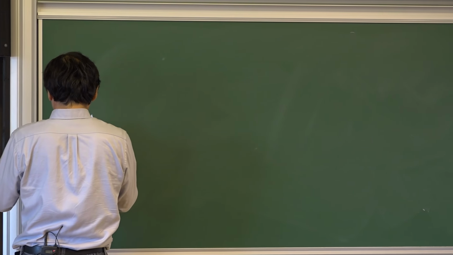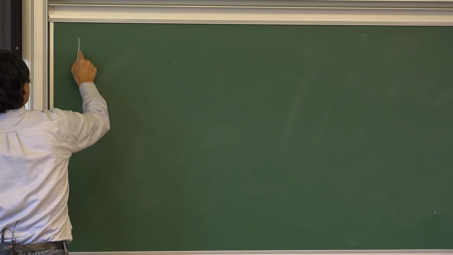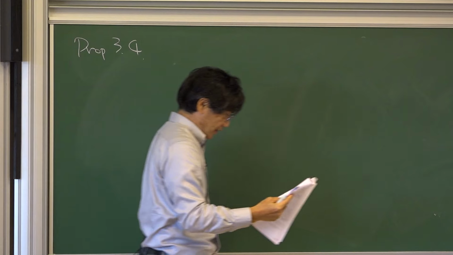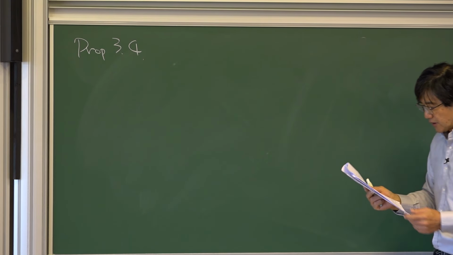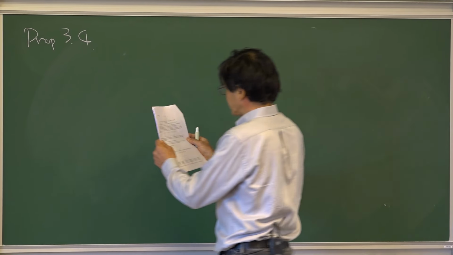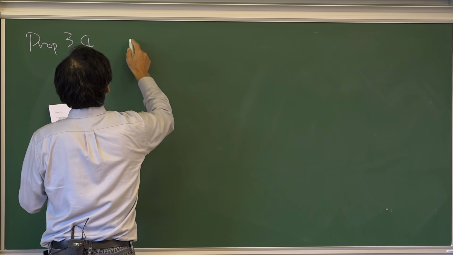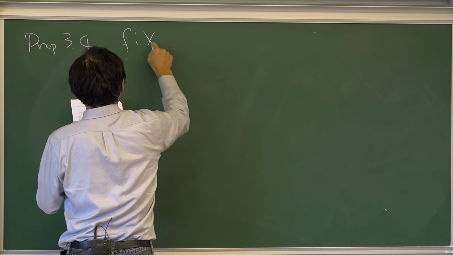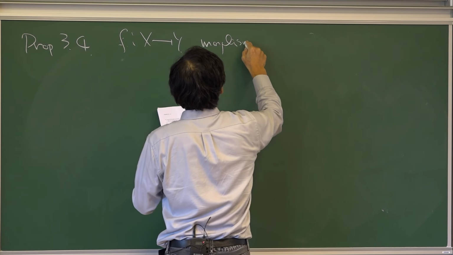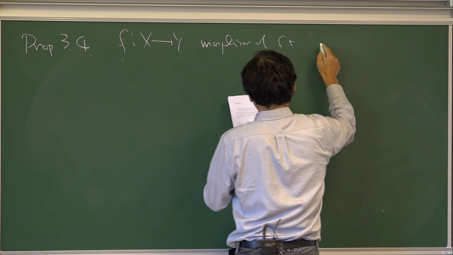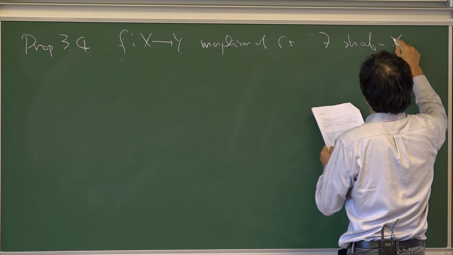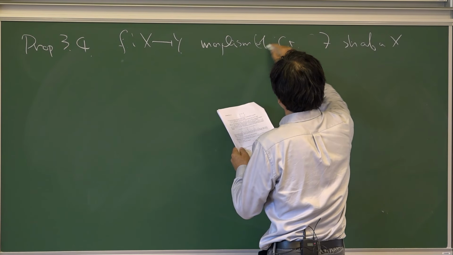Let me also recall another proposition. You can find this in SGA 4.5 or the book of Fu. F is of finite type and F is a sheaf on X. Maybe I don't need finite type.